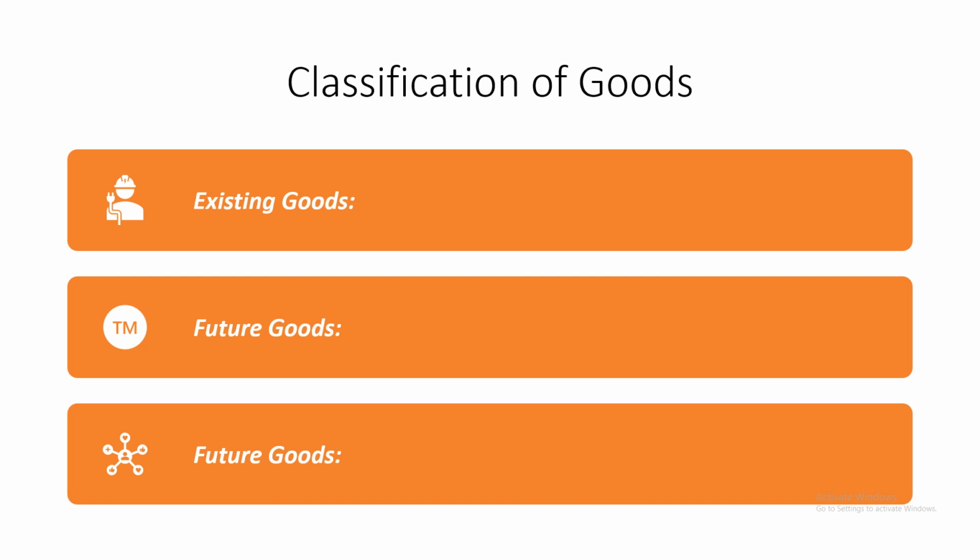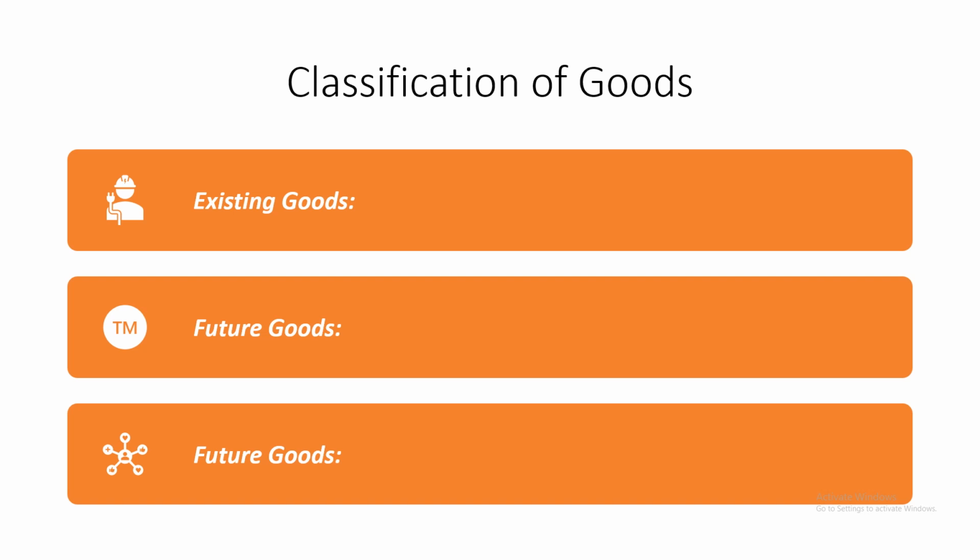The third classification of goods is contingent goods. Contingent goods are always future goods. These are a type of future goods only, which are also not in existence at the time of contract of sale, but the acquisition of the goods by the seller depends upon uncertain events.